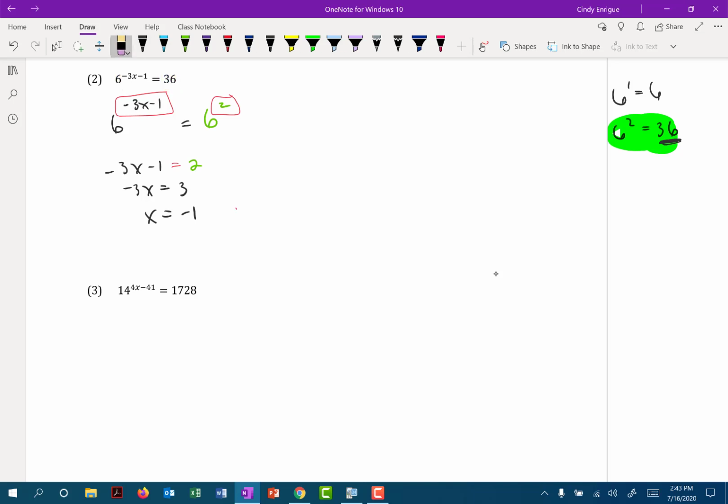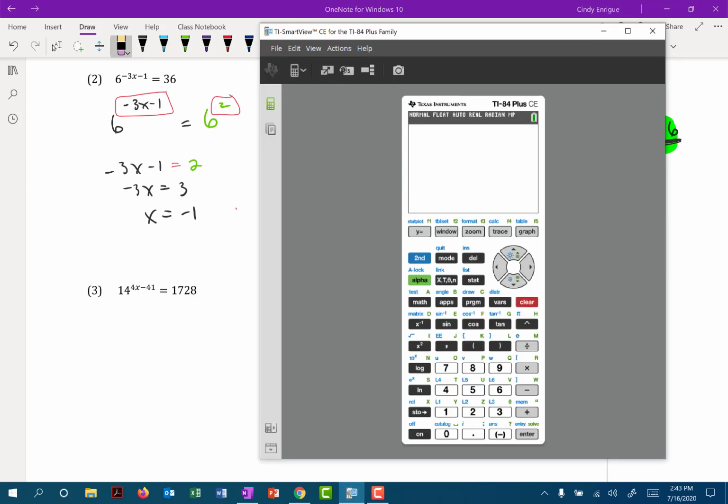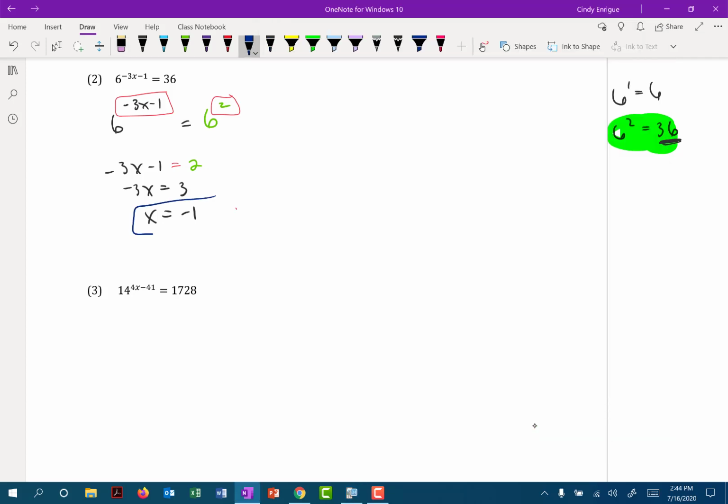So I'm going to plug it into my calculator. So is it true that if I have 6 to the power of negative 3, and the value that I got was a negative 1 for x that I'm plugging in, and I have a subtract 1, does this equal 36? It does. So I know that x is equal to negative 1 is a good answer.